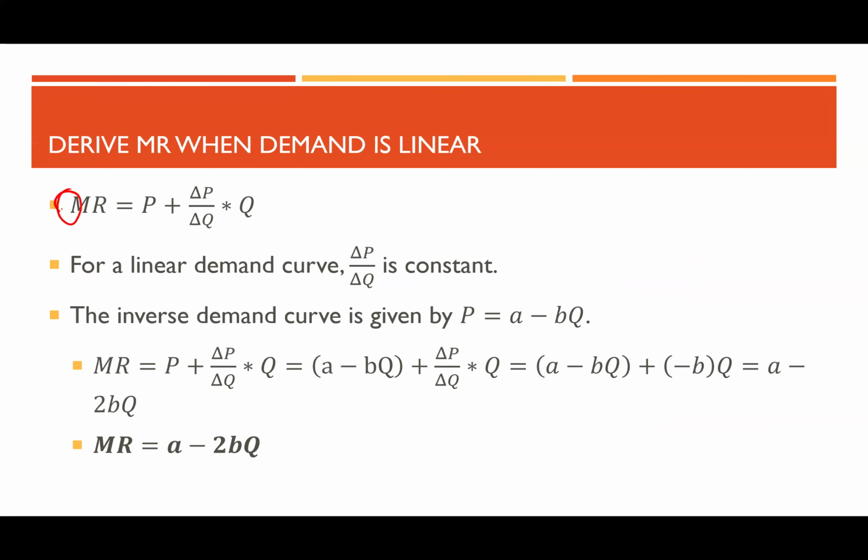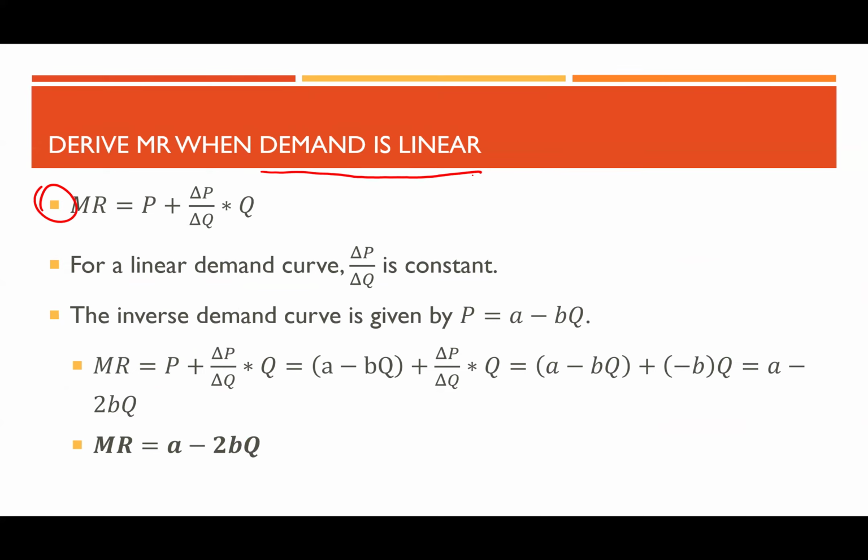Because we can represent marginal revenue with this equation, we can actually show a very useful relationship between demand and marginal revenue when demand is linear, right? But this is only for when demand is linear. And for our class, we're always going to be working with linear demand curves, all right?